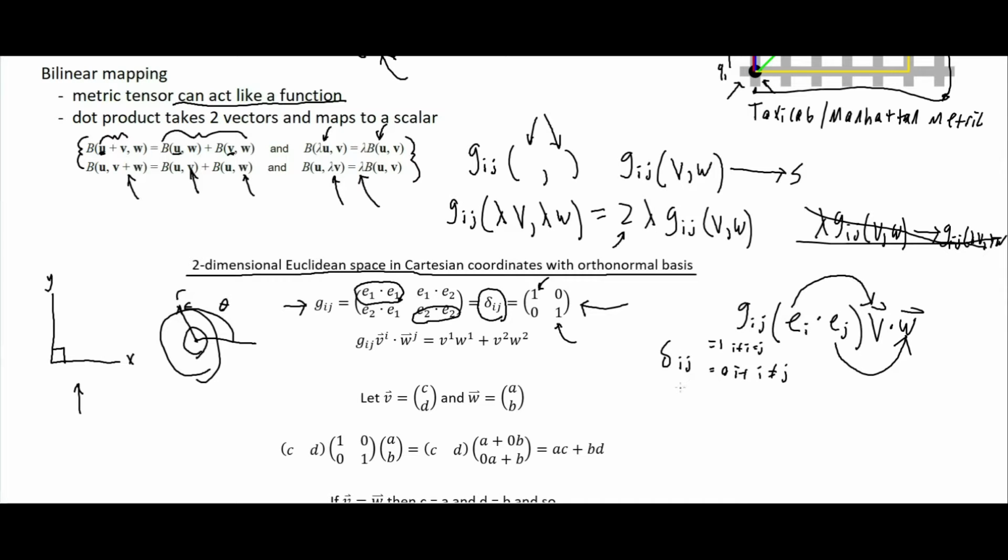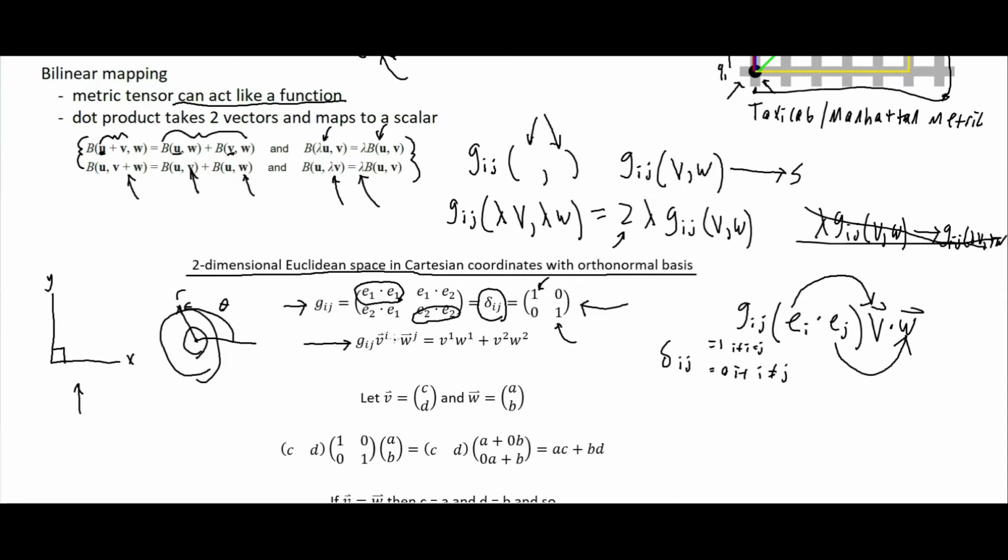You may have run into the Kronecker delta before. So if we have the metric in a Euclidean space and Cartesian coordinates with orthonormal bases, then the metric is just the Kronecker delta. And if we do the dot product using this, we just end up with this.